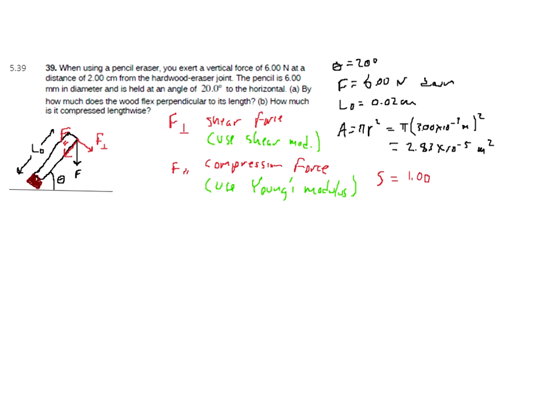So S equals 1 times 10 to the 10th newtons per meter squared. And Young's modulus is 1.50 times 10 to the 10th newtons per meter squared.